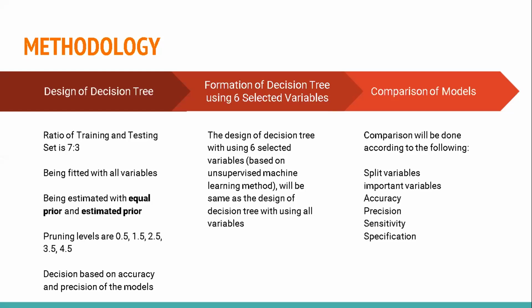Then what is this thing called specification? Specification is correctly labeled, predicted as negative, I mean negative when the person is false, which is they don't have diabetes. Is it called specification? I think so. I saw it is specification.